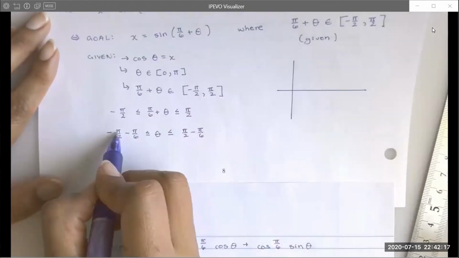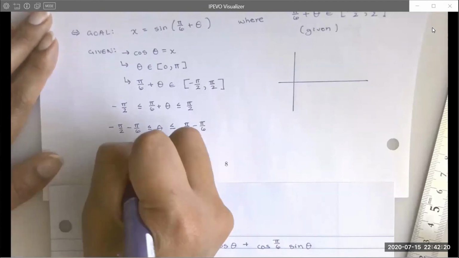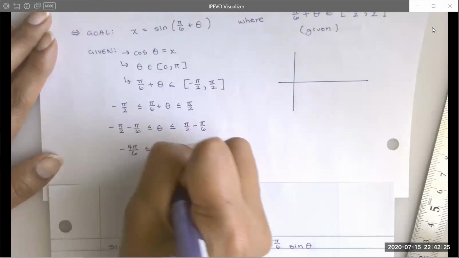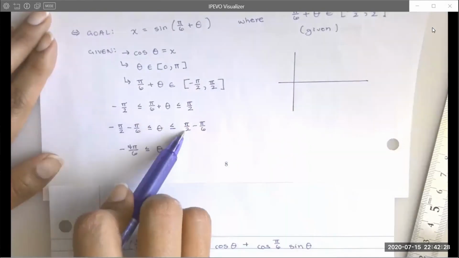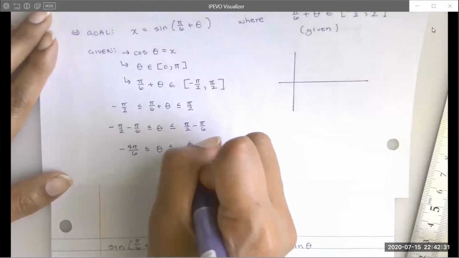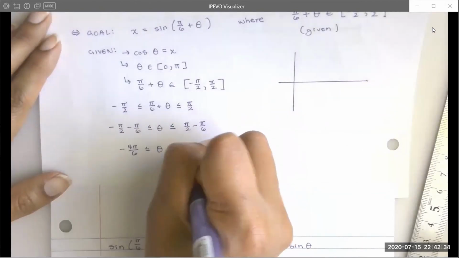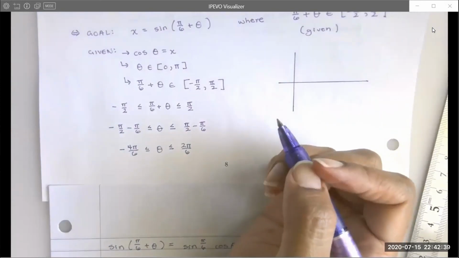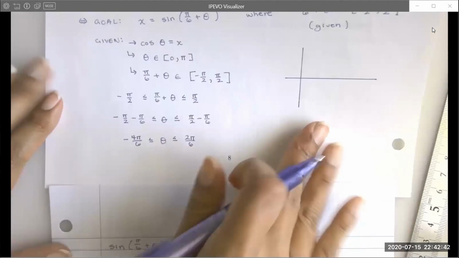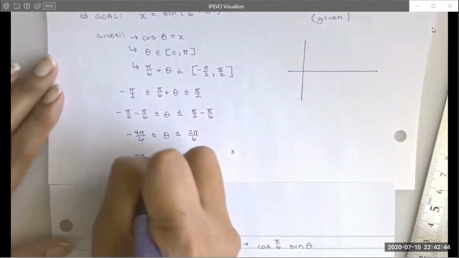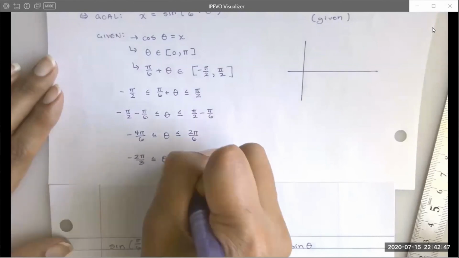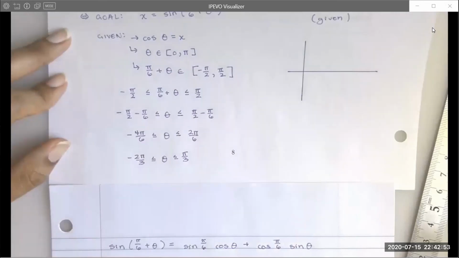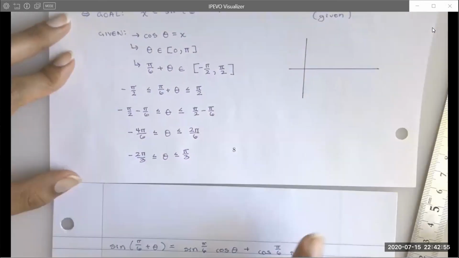Write this as 3 pi over 6, and we get negative 4 pi over 6 is less than or equal to theta is less than or equal to, again, write this as 3 pi over 6, and you'll get 2 pi over 6. Okay, then those reduce down to negative 2 pi over 3 and pi over 3.